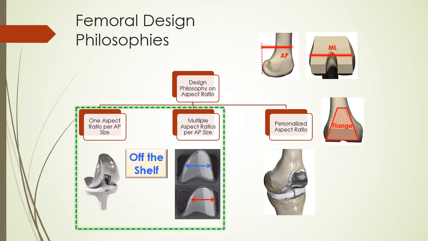And one thing else about why we're having 2 aspect ratios: the consideration would be a better fit between narrow and standard knees, and for a narrow component, it comes with a narrow flange as well. So it's addressing not just standard and narrow at the distal femur, the distal cut, but also standard and narrow at the flange area.